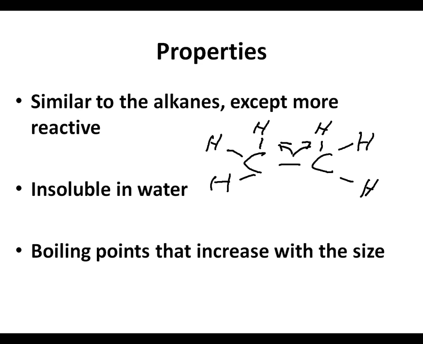So for instance, if you react ethene, the one with a double bond there, with hydrogen gas, that double bond will open up and you'll get it bonding with hydrogen. So it is energetically favourable for it to have 4 single bonds rather than that double bond. So if it can react with something, that double bond sometimes will open up, and it will then share electrons with the hydrogens or with oxygen or other atoms here if they're available.